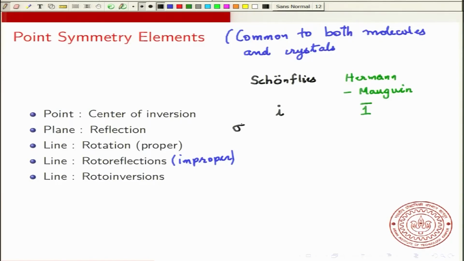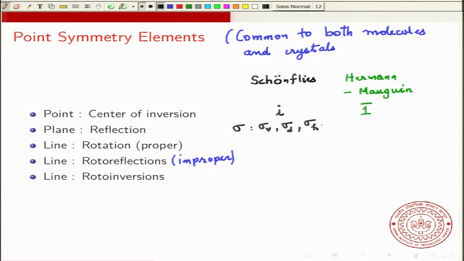In molecular symmetry there are different kinds of reflections, so you differentiate between them: you might write sigma v, sigma d or sigma h.